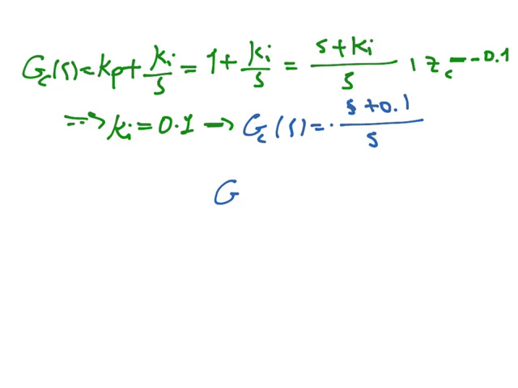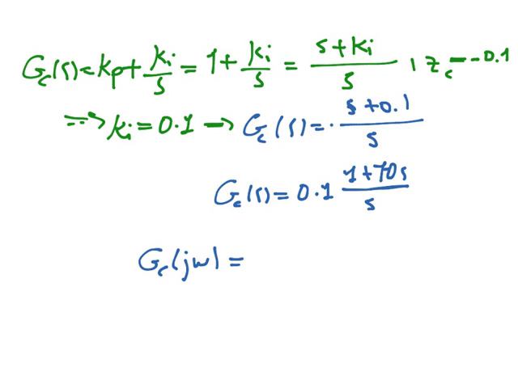Or in other terms, we can write GC(s) is equal to 0.1 times (1 plus 10s) over s, or GC(j omega) is equal to 0.1 times (1 plus j10 omega) over j omega.